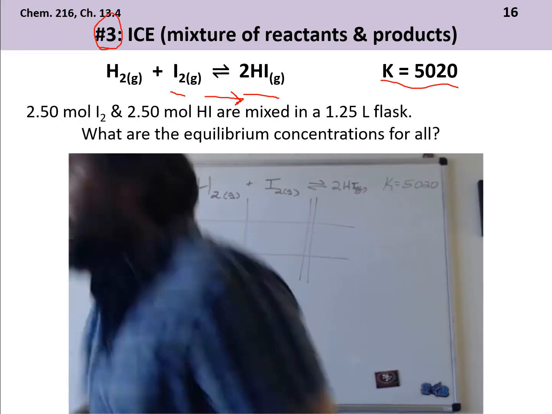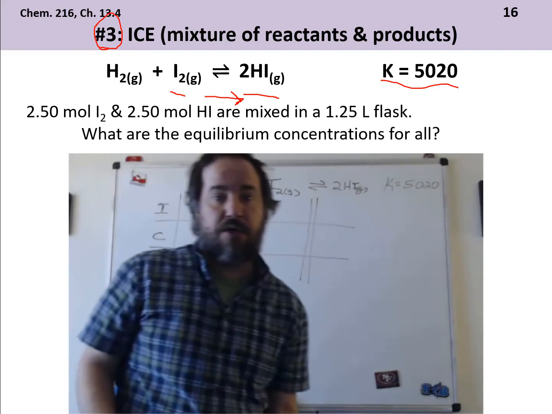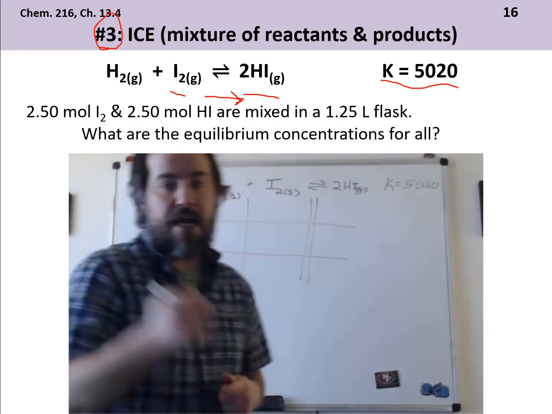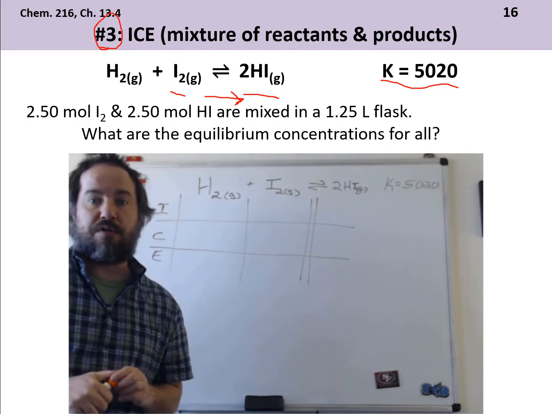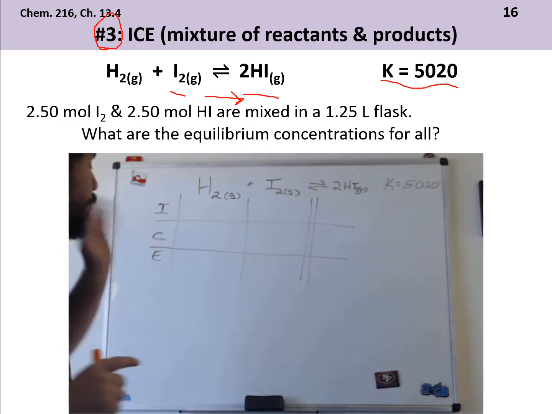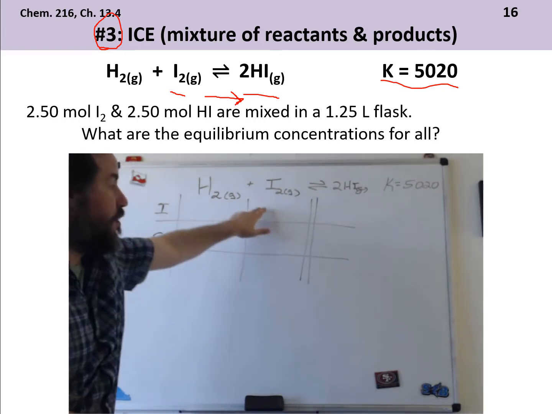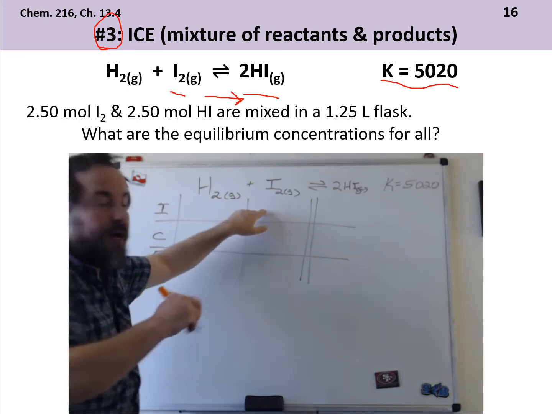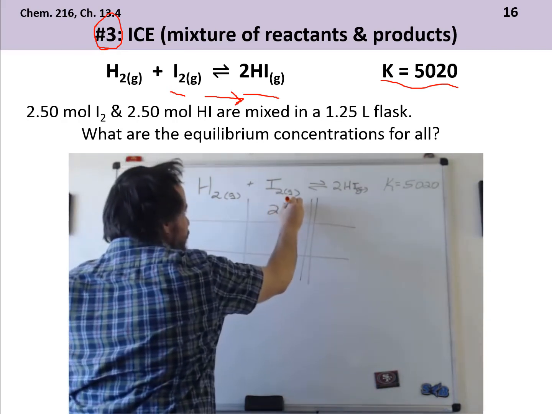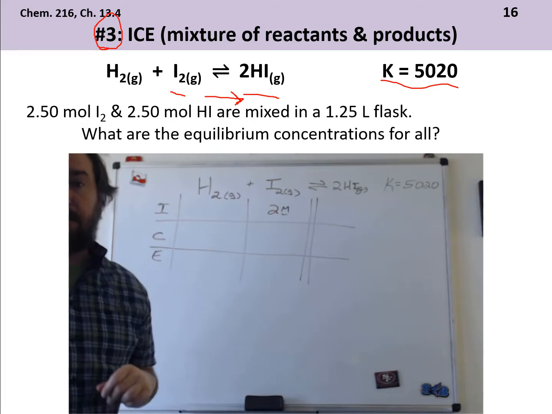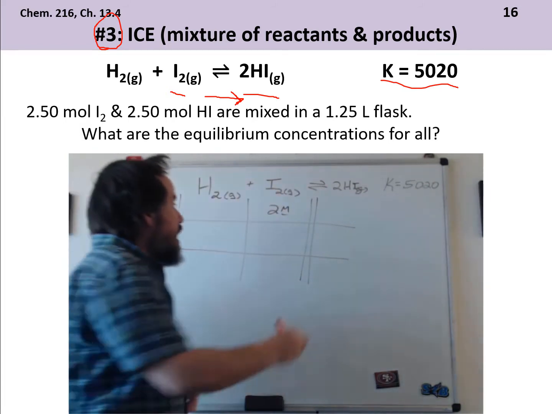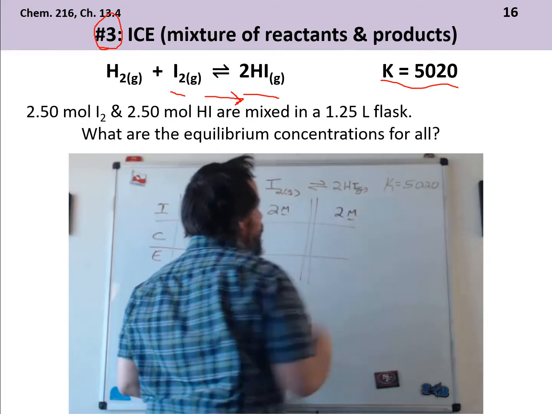Okay, so we have 2.5 moles of I2, 2.5 moles HI. We mix them into a 1.25 liter flask. Remember, we need to work in molarity. So I take that 2.5 for the I2, divide by the 1.25, and I get 2 molar. That's for my I2. For my HI, I also have 2 molar.